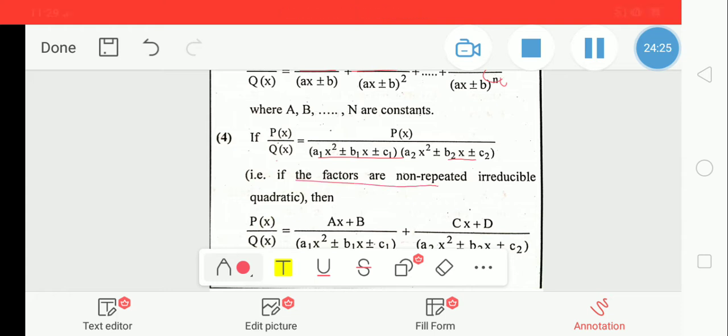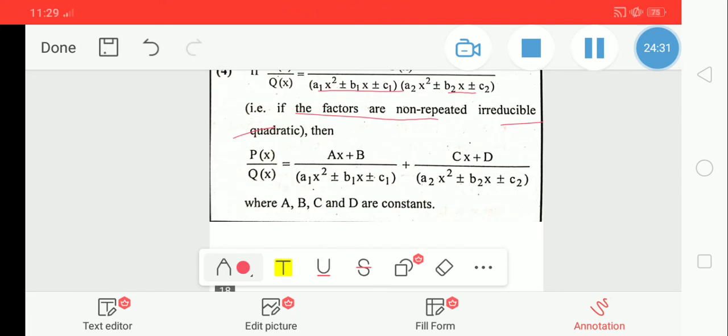Here the fractions are non-repeated, irreducible quadratics, so we write p of x divided by q of x as A plus ax plus b divided by the first, plus cx plus d divided by the second. So A, B, C are constants.